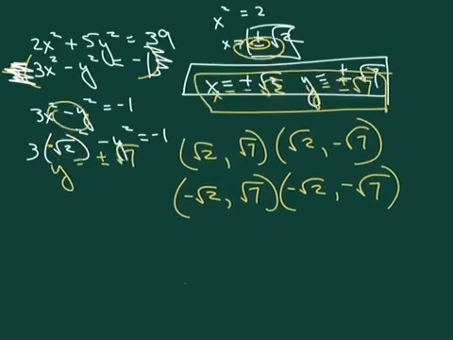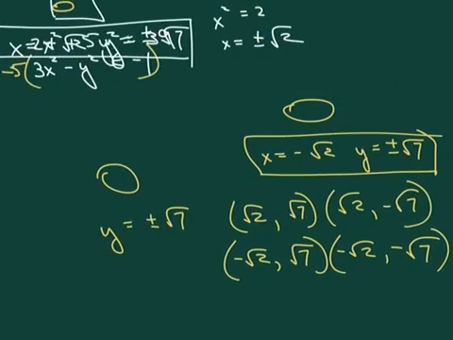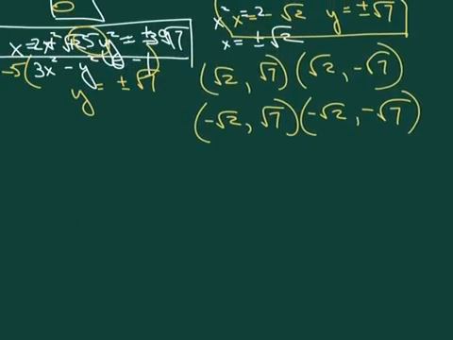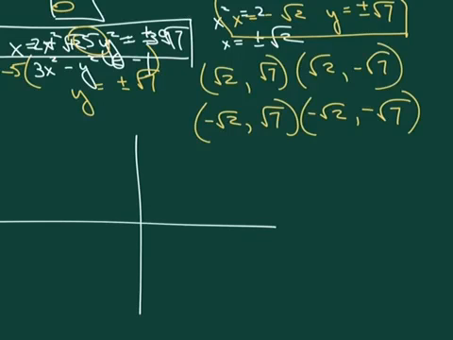Alright, so let's move our answers out of the way here and make a real sloppy graph of what this looks like. So the 2x squared plus 5y squared equals 39, and the 3x squared minus y squared equals negative 1. Okay, so what we've got here is an ellipse and a parabola.